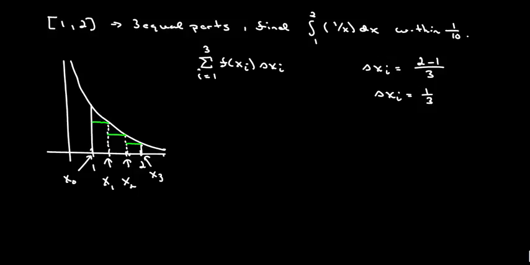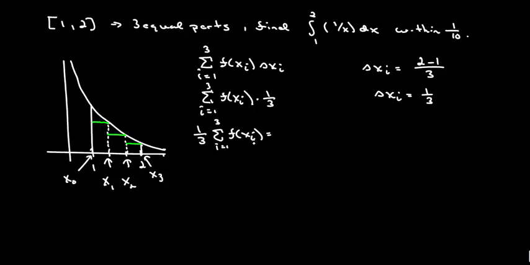That makes sense, each of these bases is a third. So we want to sum from i equals 1 to 3 f of xi times 1/3. Let's pull that 1/3 out: the sum from i equals 1 to 3 of f of xi.